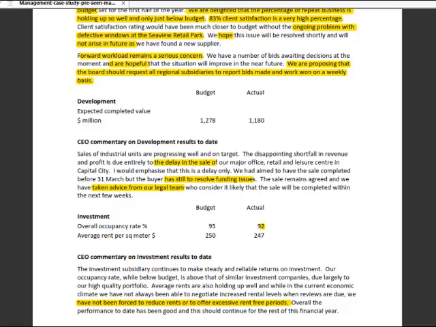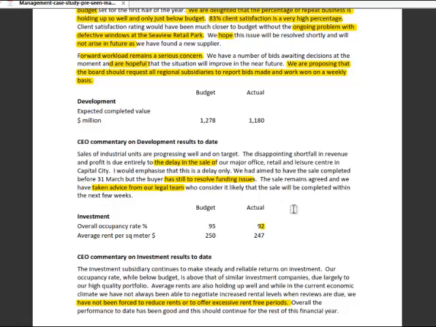"Sales of industrial units are progressing well. The disappointing shortfall in revenue is entirely due to the delay in the sale of our major office centre in the capital city. I would emphasize this is a delay only. The buyer has still to resolve funding issues." Well, if they can't get the money, there's no sale.